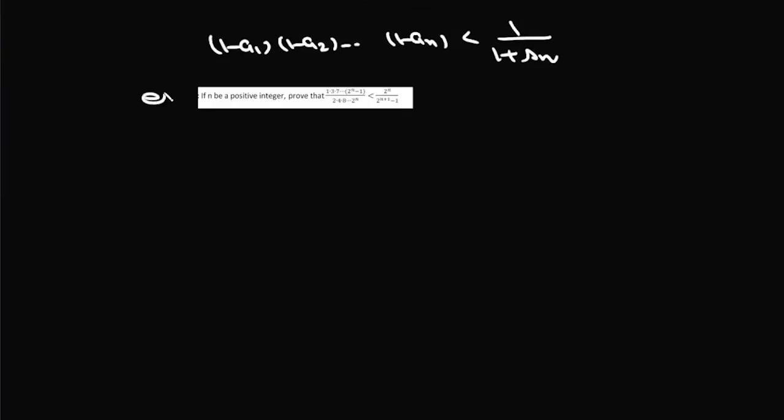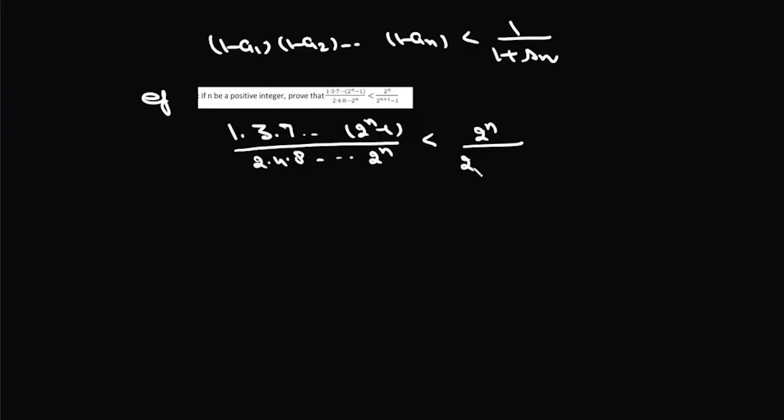Now let us take another example, and it says, if n is a positive integer, then prove that 1 into 3 into 7 up to 2 to the power n minus 1 upon 2 into 4 into 8 up to 2 to the power n will be less than 2 to the power n upon 2 to the power of n plus 1 minus 1.